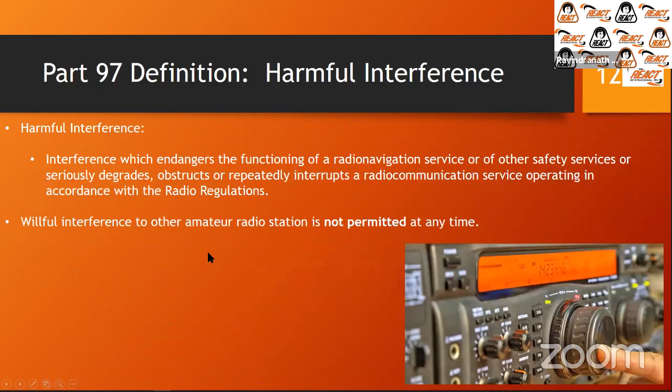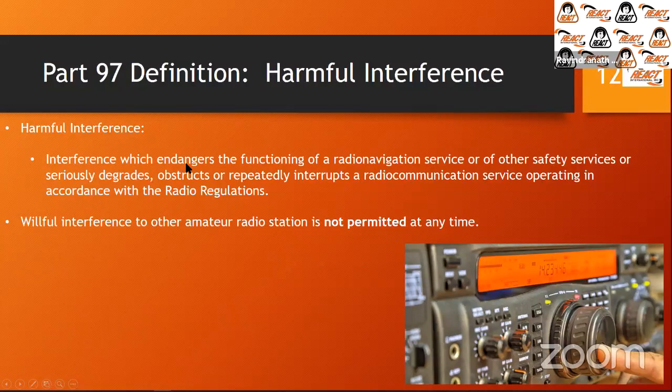Okay. What is harmful interference? Very important. Of all of the things that we do as hams, this is probably one of the most critical things that we always have to be mindful of in the back of our minds, that we know what harmful interference is. We should not cause it, and we need to be able to identify it. So what is harmful interference?